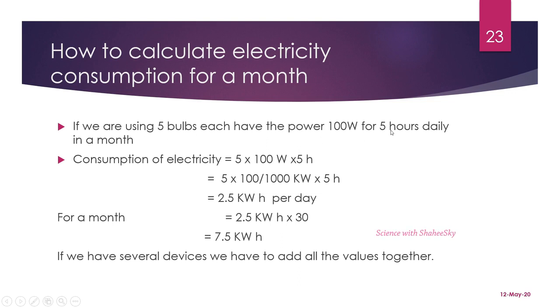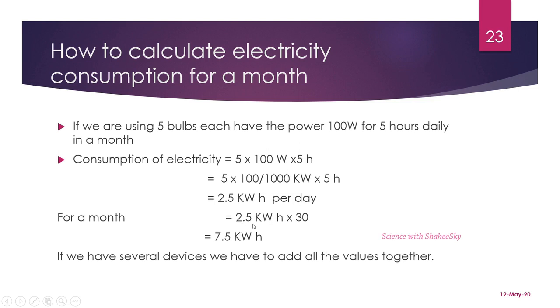The consumption is 5 bulbs, 500 watts, into 5 hours. We multiply these values, and since it is in hours, we have to convert watts into kilowatts, so I divided this by 1000. Then you get the answer 2.5 kilowatt hours.